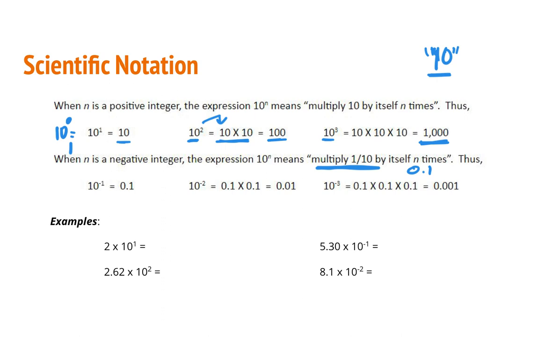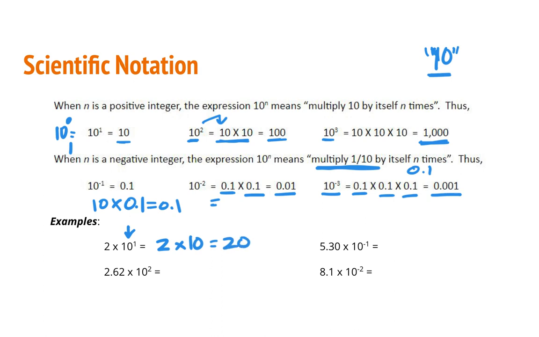So 10 to the minus first would equal 0.1. 10 to the minus second would be 0.1 times 0.1, which equals 0.01. 10 to the negative third would be 0.1 multiplied 3 times, which gives us 0.001.